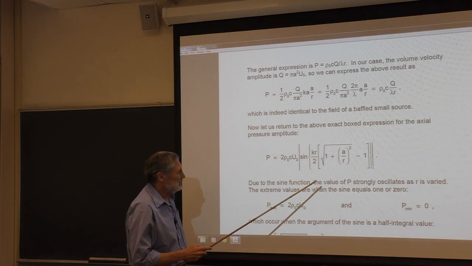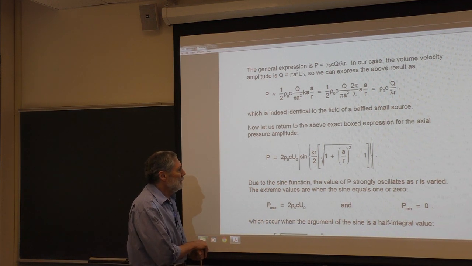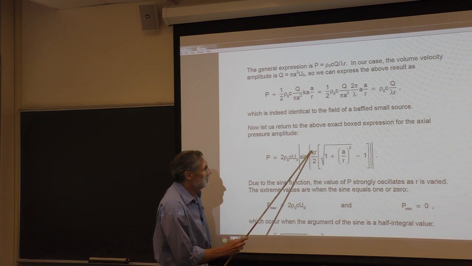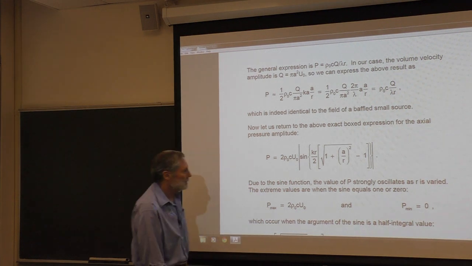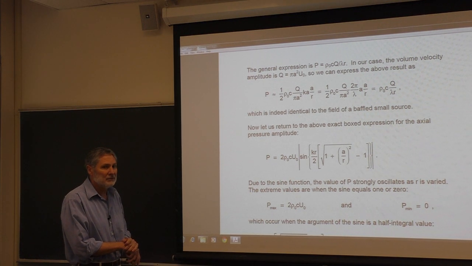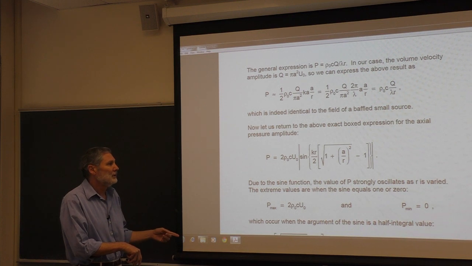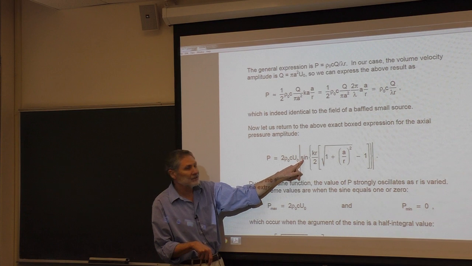And you can see that this argument is going to vary. And what happens here is that you're going to hit points where everything inside the curly brackets is a multiple of pi over 2. Pi over 2, 3 pi over 2, 5 pi over 2. That's going to give you a maximum.